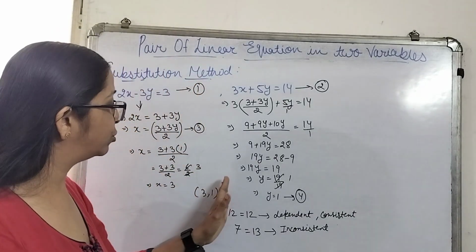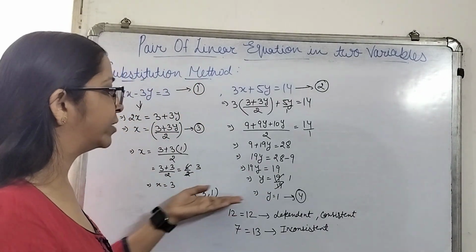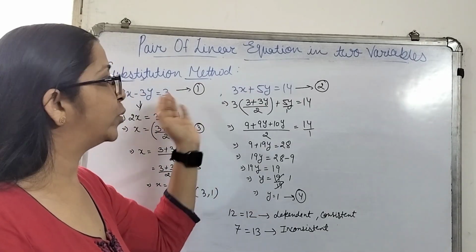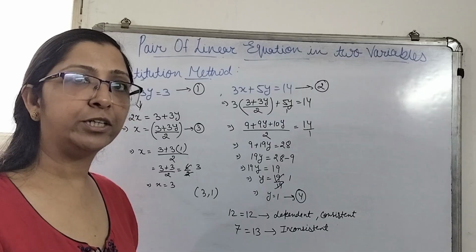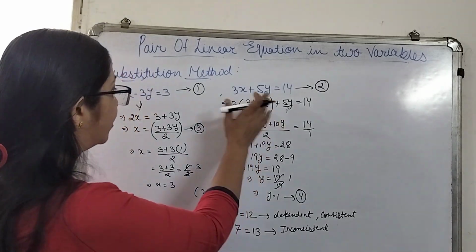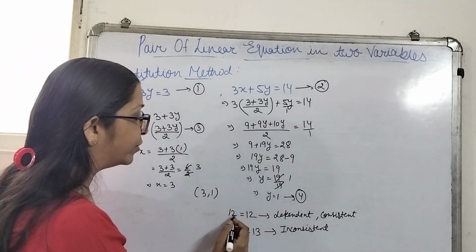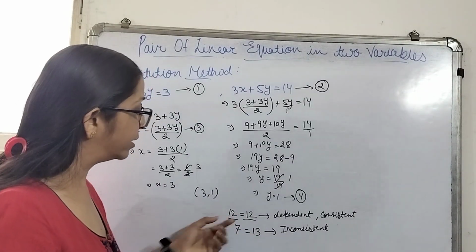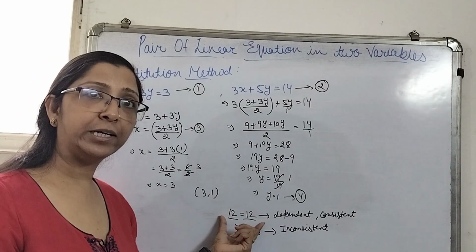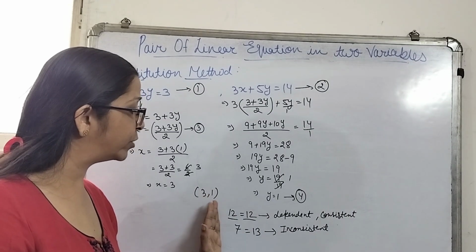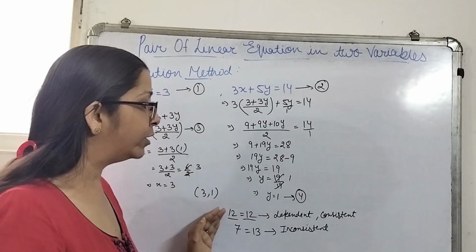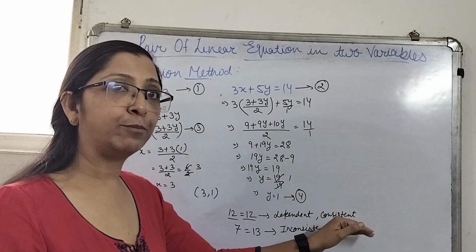So how will we come to know? This is a simple condition when we are getting unique values of x and y for which both the equations are satisfied, which is a solution for both the equations. But if, when we are solving, we get an equation in which the variable is not there and the statement is true for all conditions, in that case these equations will be dependent or consistent type of equations.